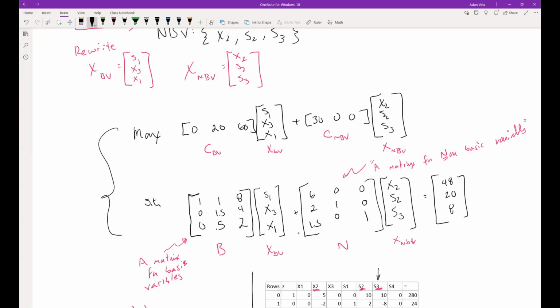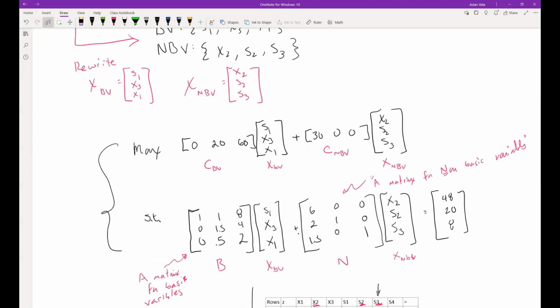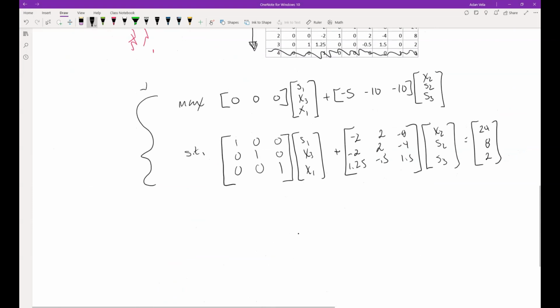It's just we haven't gone through the simplex method yet. So this was before simplex. And here, this is after simplex. And because all we're doing is elementary row operations, we actually haven't changed the problem or changed the solution.